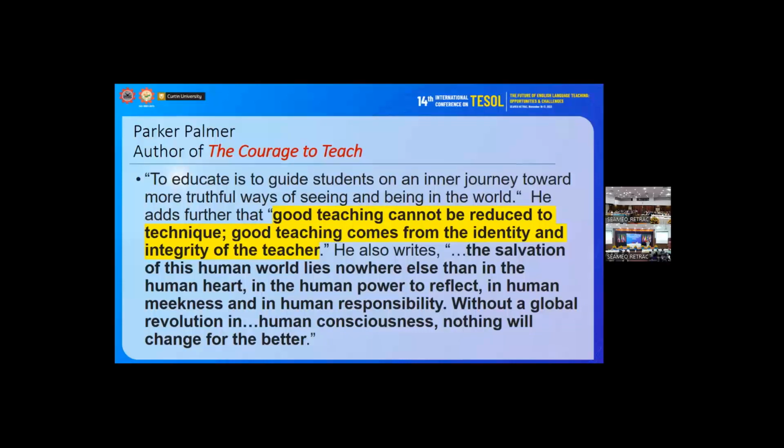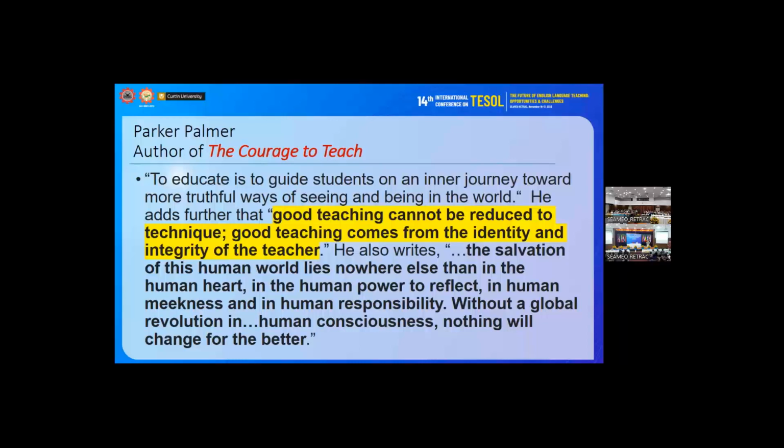That's very important. He adds further. Let's read the part that's in yellow together. Everybody. Good teaching cannot be reduced to technique. Good teaching comes from the identity and integrity of the teacher.